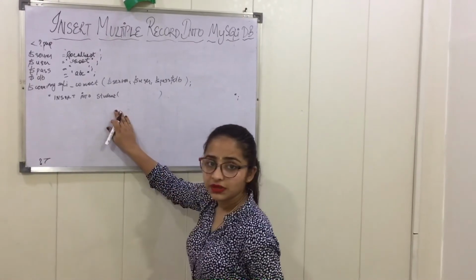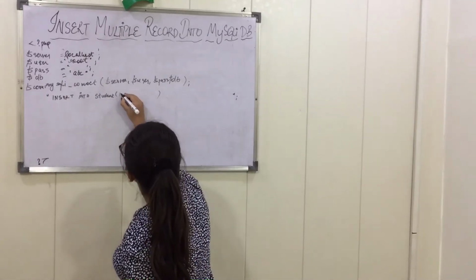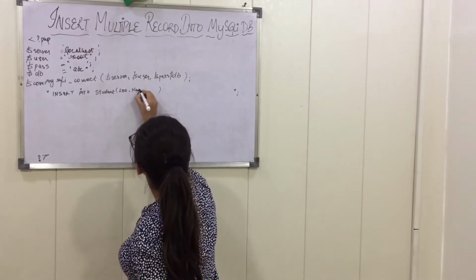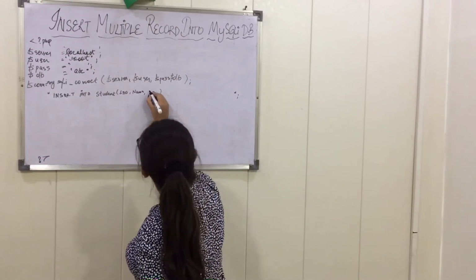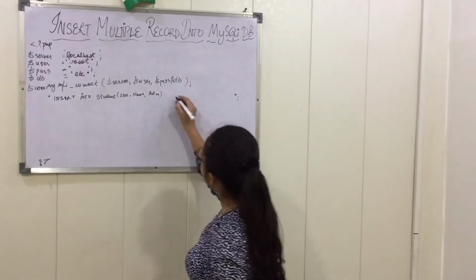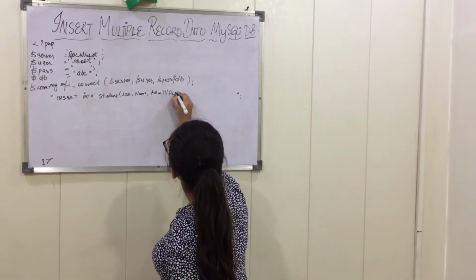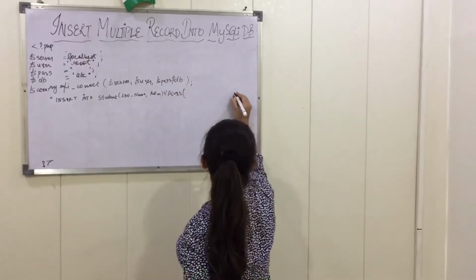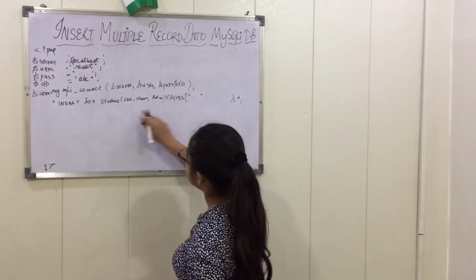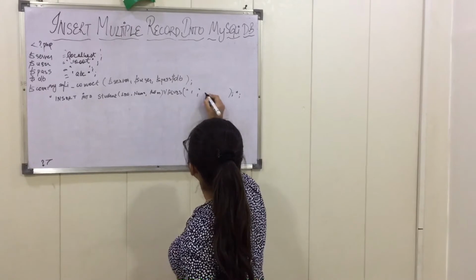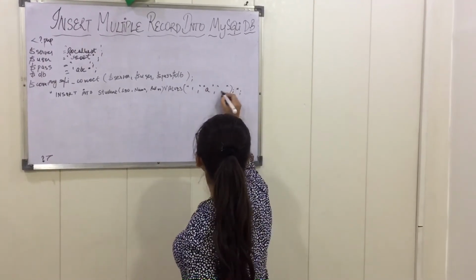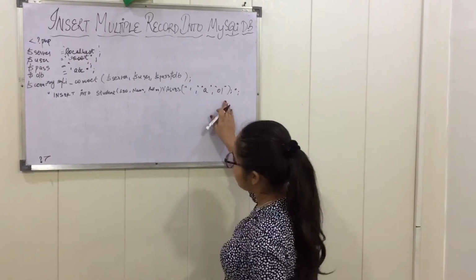Suppose my first column name is serial number, second is name, and third is roll number. After that, we'll pass the values. So we'll write here values. After that, here we will write the value. Suppose serial number is 1, name is A, and roll number is 01. So this is the first value.